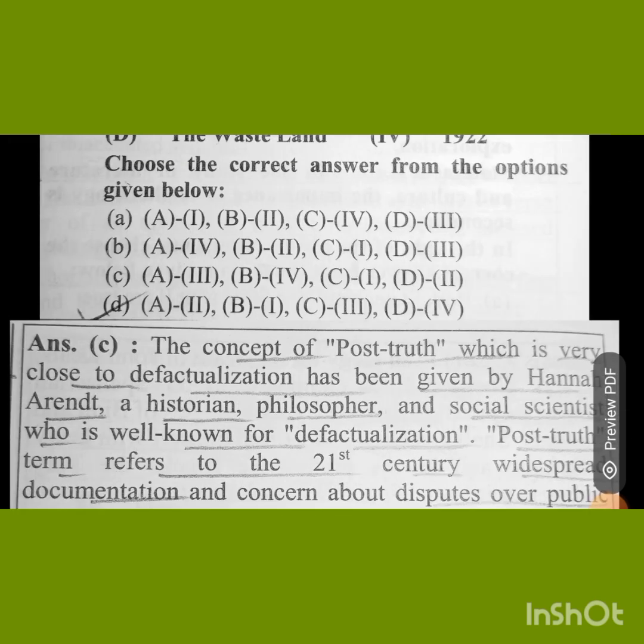It is believed to have made its maiden appearance in a 1992 essay pertaining to the Iran-Contra scandal and Persian Gulf War, and garnered widespread popularity in the form of post-truth politics. Post-truth does not rely on absolute lies.